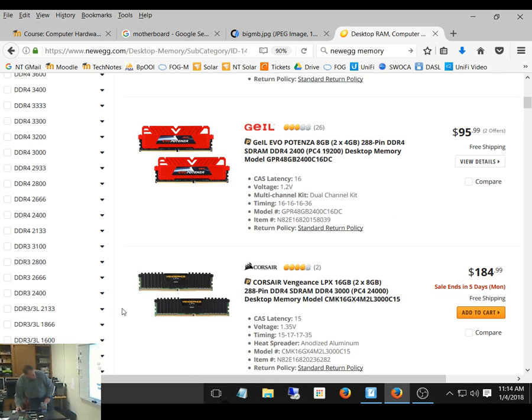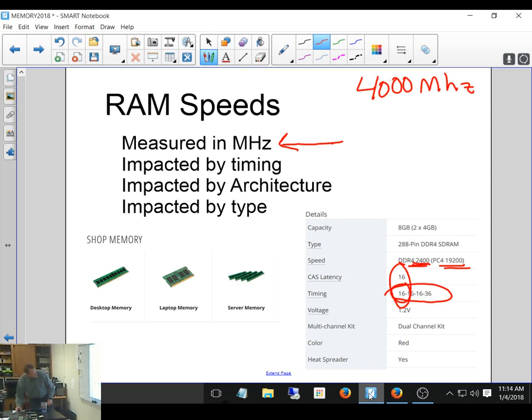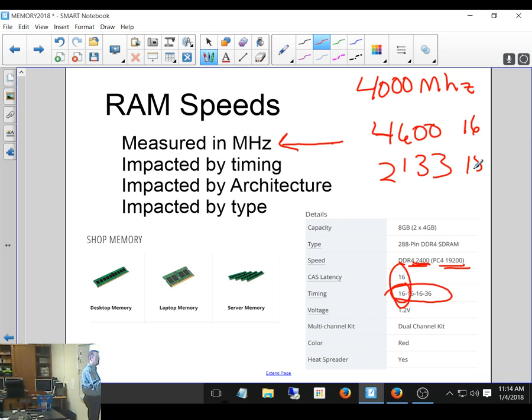So 4,600 versus 2133. Okay, would the CAS latency make sense if this one was 16 and this one was 15?